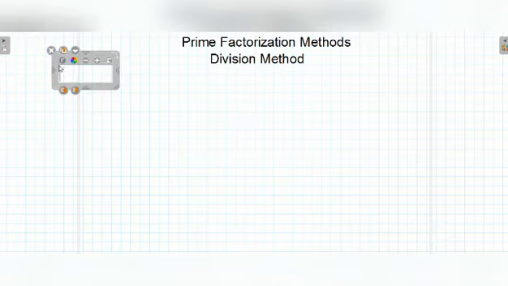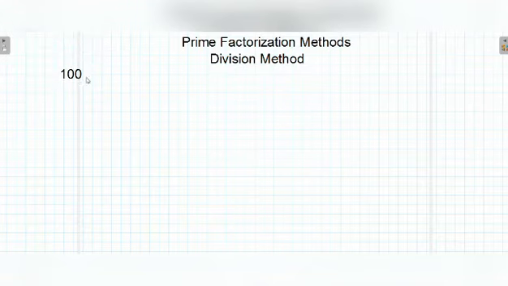Okay, now let's talk about the second method of prime factorization, which is the division method. I will try to take the number 100, and I will use the division method in factorizing 100. 100 is an even number and can be divided by the number 2.